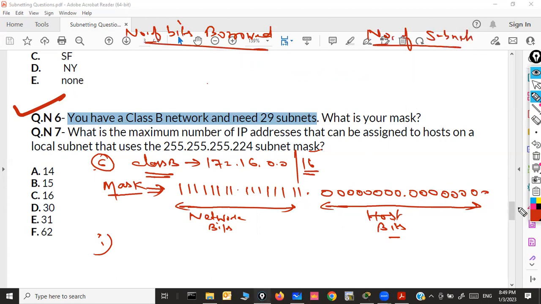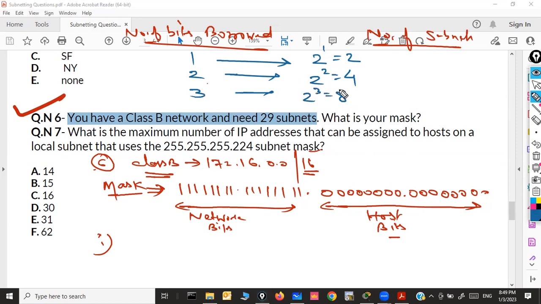If you borrow 1 bit only, the total number of subnets will be 2. If we borrow 2 bits, the total number of subnets is 4. 3 bits, 8 subnets. If we borrow 4 bits, 16 subnets. 5 bits, 32.